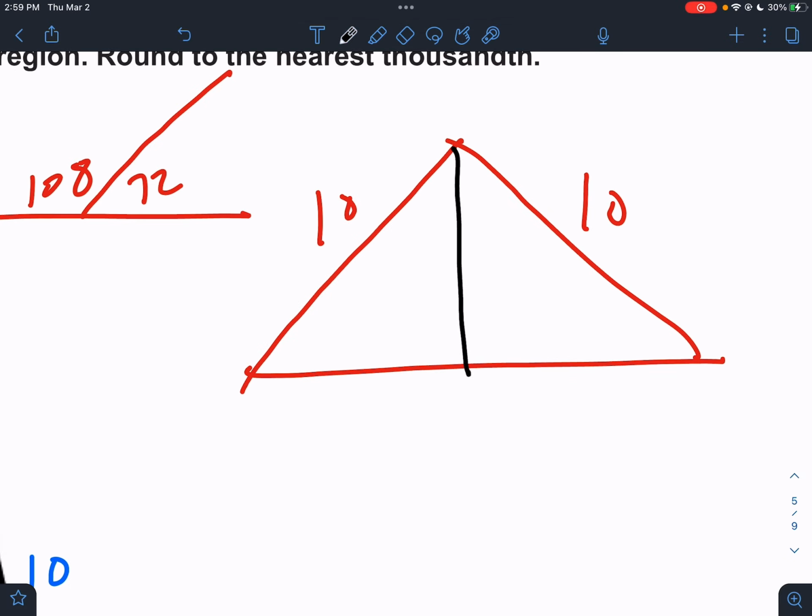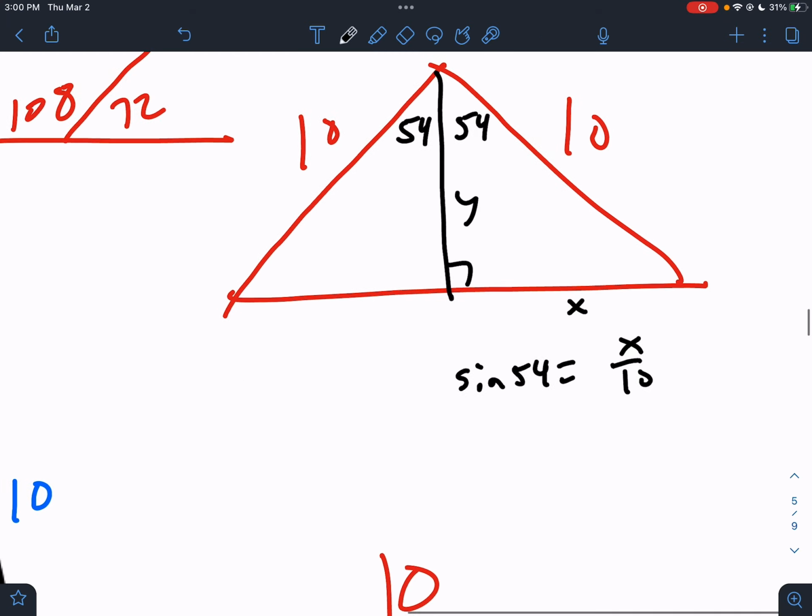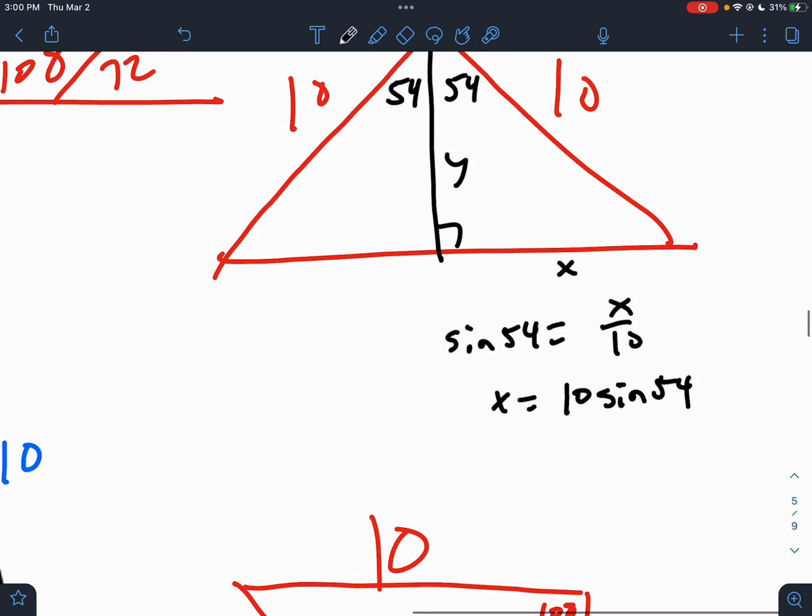I need the area of the red triangle. So I'm going to call this x and y. And I know that the sine of 54 equals x over 10. So x is 10 sine 54. And then I know that the cosine of 54 would equal y over 10.